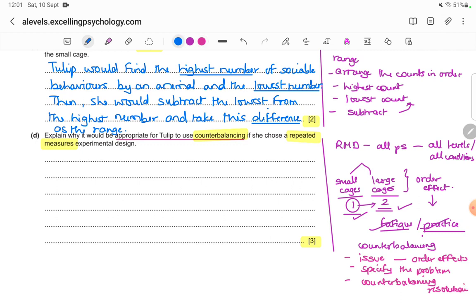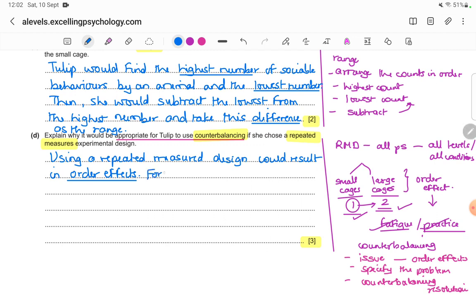Okay. Now let's see how to put it into words. Okay, using a repeated measures design could result in order effects. Okay, so I have not mentioned specifically fatigue or practice, I have written order effects, but in the next line, to explain what I mean by order effects, I'll give example of any one. I'm giving the example of fatigue, you could give the example of practice.